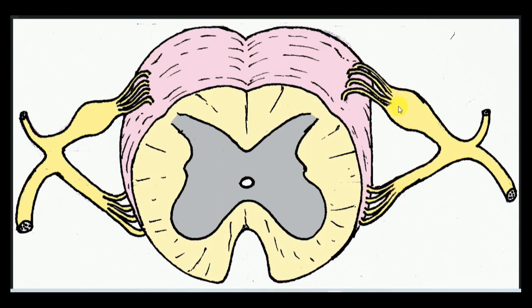The dorsal rootlets will join together to form a ganglion, which you know as the dorsal root ganglion. Ventral roots do not form any ganglion, they form just a nerve trunk. The dorsal portion and the ventral portion will join together to form the spinal nerve, and immediately after its formation it is divided into a dorsal branch and a ventral branch.